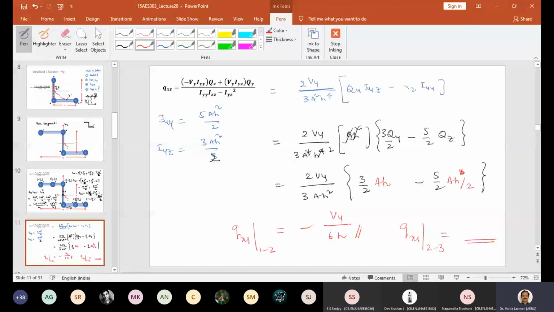The formula is the same, right? Only thing is you have to do this Qy, Qz. Everything is same, all constant. This is constant, this is constant, this is constant. Only Qz, Qy. What is Qz, Qy? Summation, right?